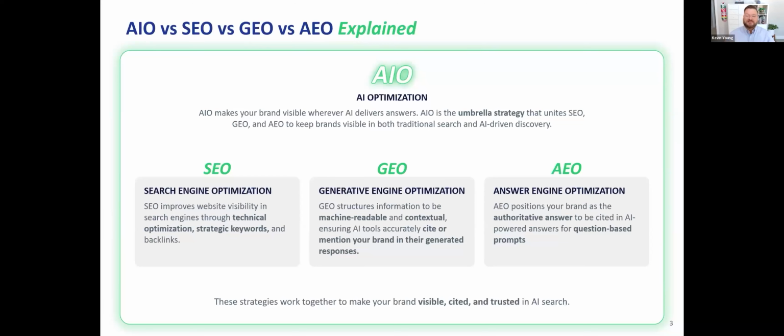But ultimately, taken together, these three strategies form the foundation of AI optimization, which is again all about making your brand more visible, more cited, and more trusted in these AI-based search experiences.